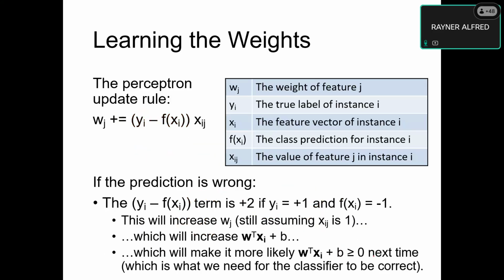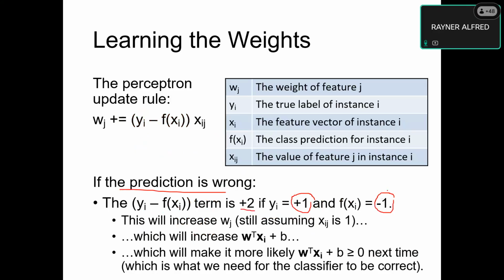Okay, so if the prediction is wrong, this term is +2 if your actual one is positive but the predicted one is negative.